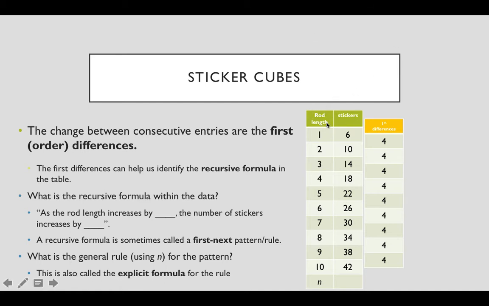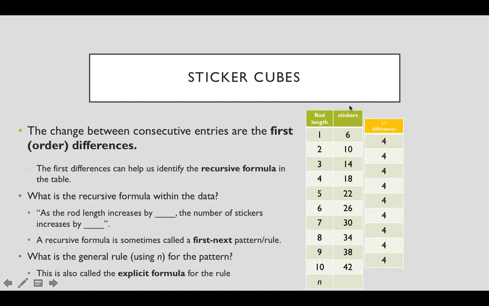Now, this doesn't make a lot of sense, but if there were 0 cubes in the rod and I back this up to see what happens above it, I'm subtracting 4 every time, right? 18 minus 4 is 14, 14 minus 4 is 10, 10 minus 4 is 6, and that means that the one that comes before 6, if there were no cubes, would be 2.